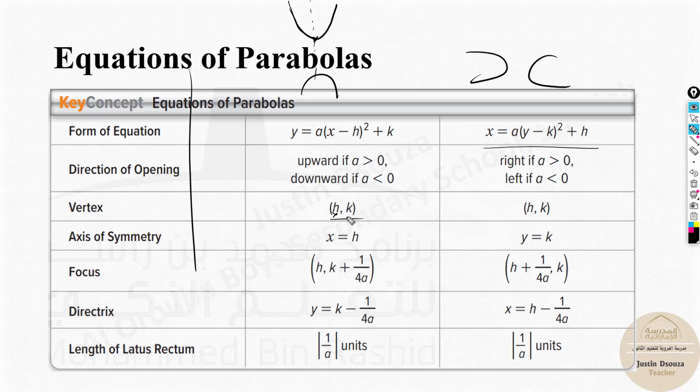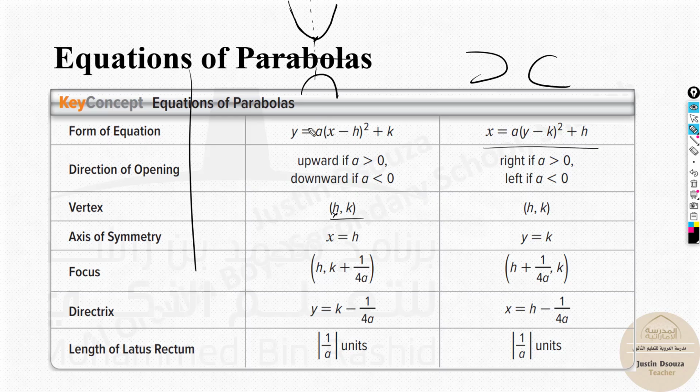So h is the same, vertex and focus will have the same x value, but the y value changes. Now it must be above or below the vertex, depending on the a value.